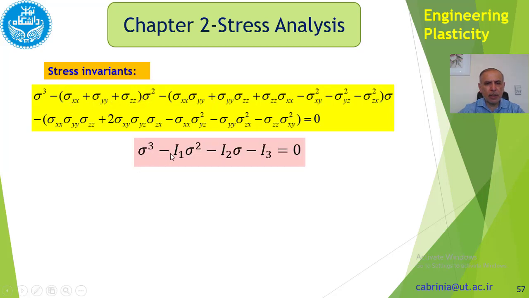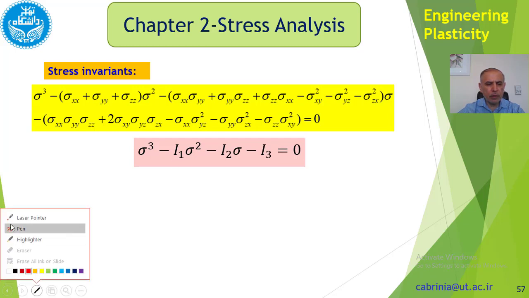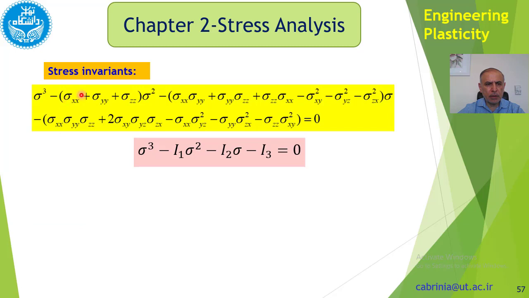As you can see here, we have substituted for the parentheses like that as I1, I2, and I3, okay? These three parentheses. Now, we are saying that I1, I2, I3 are invariants.